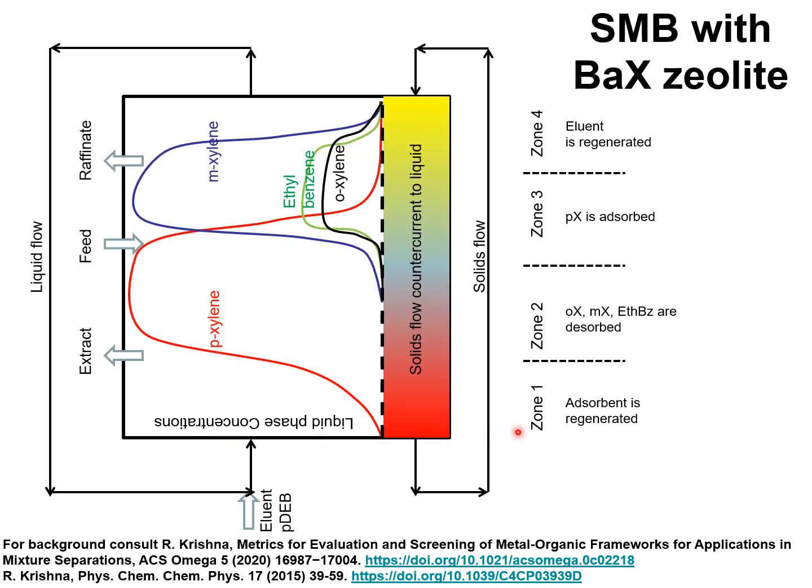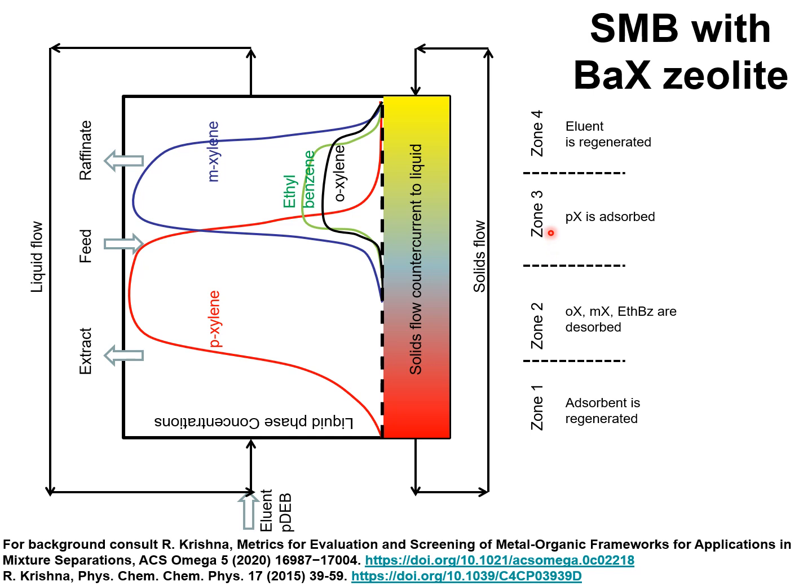There are essentially 4 zones in the operation of an SMB adsorber. In zone 1, the adsorbent is regenerated. In zone 2, ortho-xylene, meta-xylene, and ethylbenzene are desorbed.